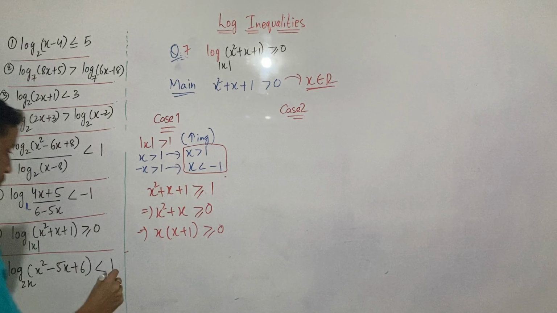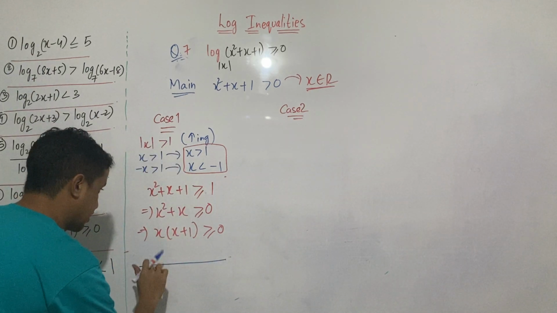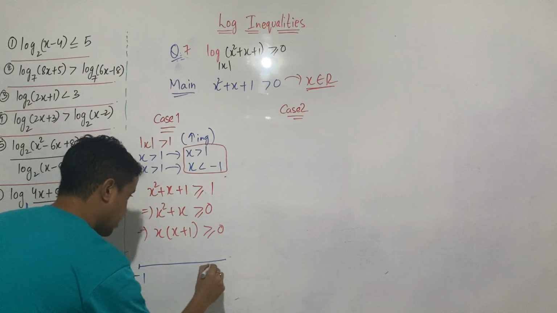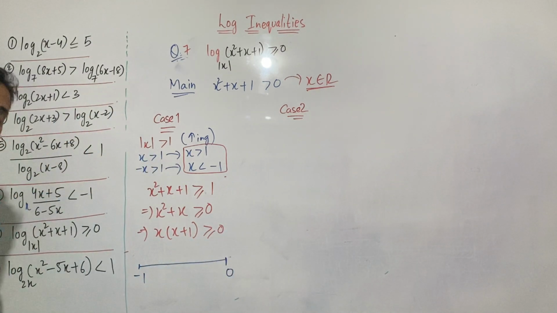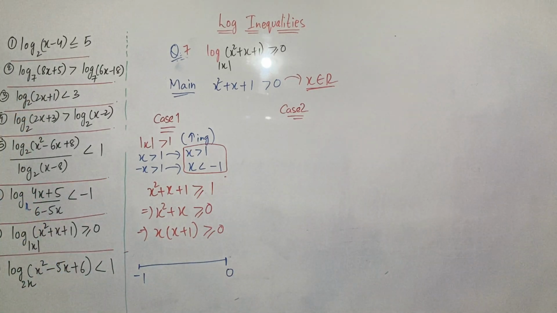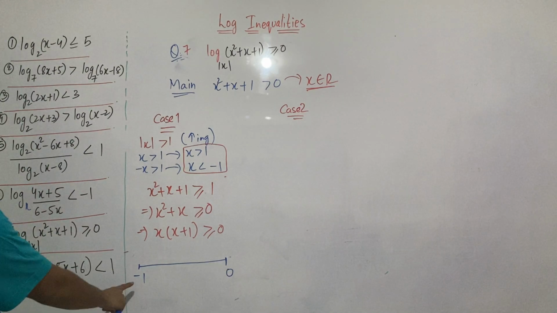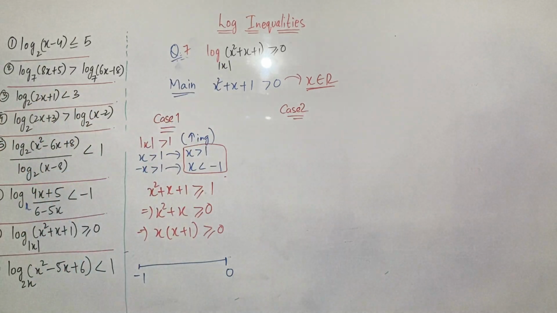If I draw it, these are my critical points, minus 1 and 0.